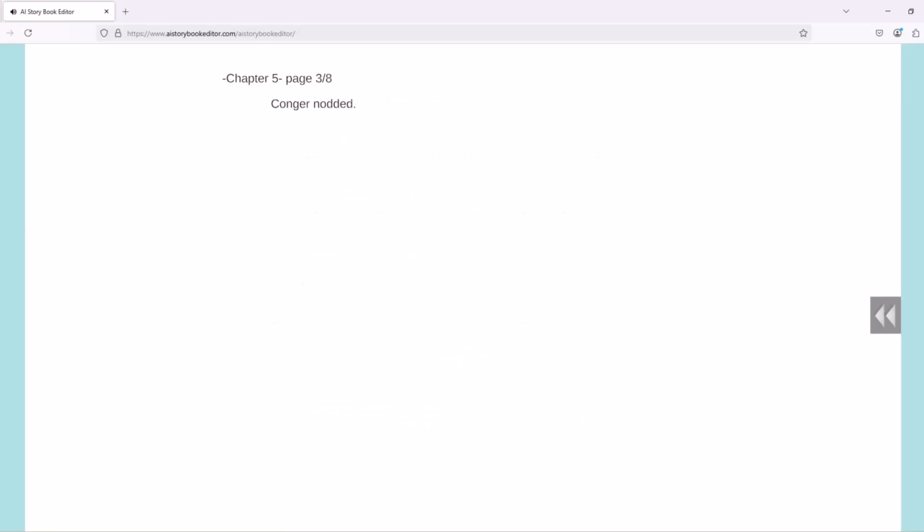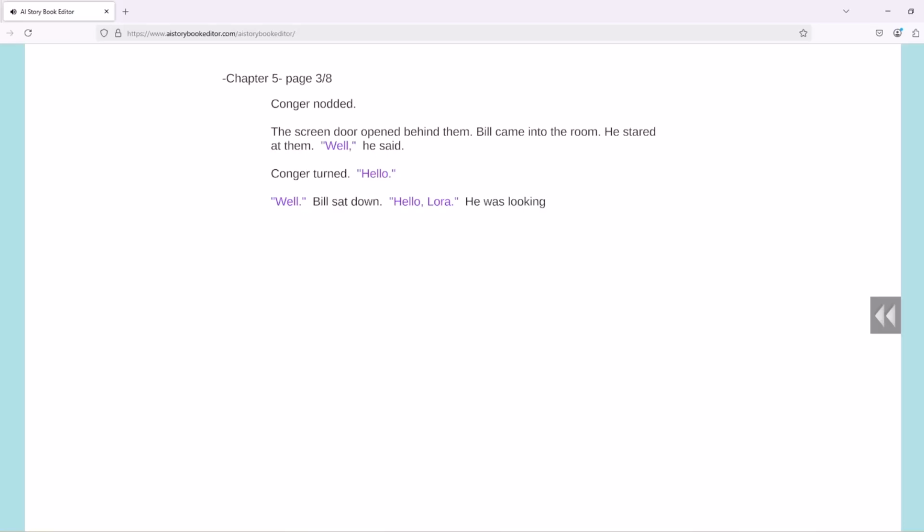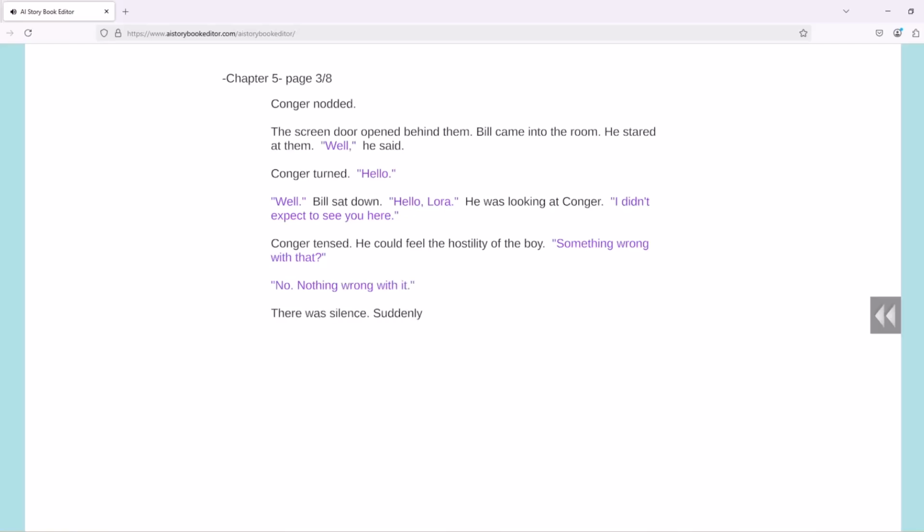Conger nodded. The screen door opened behind them. Bill came into the room. He stared at them. "Well," he said. Conger turned. "Hello." "Well." Bill sat down. "Hello, Laura." He was looking at Conger. "I didn't expect to see you here." Conger tensed. He could feel the hostility of the boy. "Something wrong with that?" "No, nothing wrong with it." There was silence.